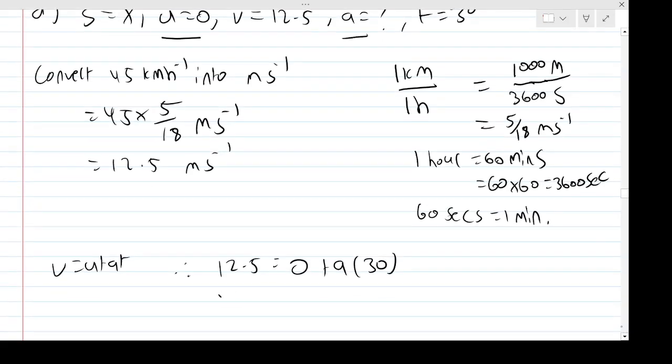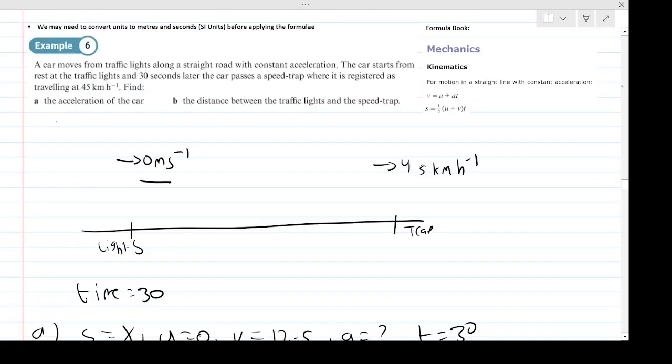So, 12.5 is 30a. Therefore, a is 12.5 over 30, which is 5 over 12 metres per second squared. Okay, and I can add that onto my diagram if I want to. So the acceleration with a double arrow is 5 over 12 metres per second squared.